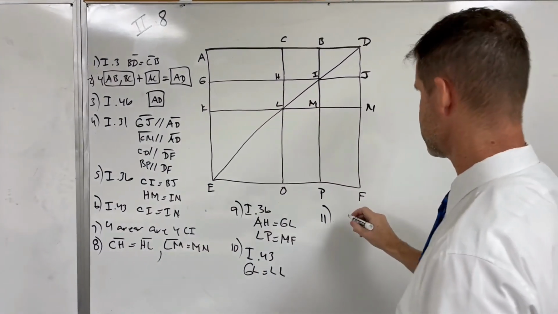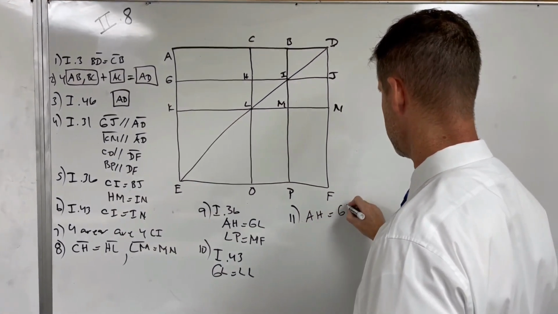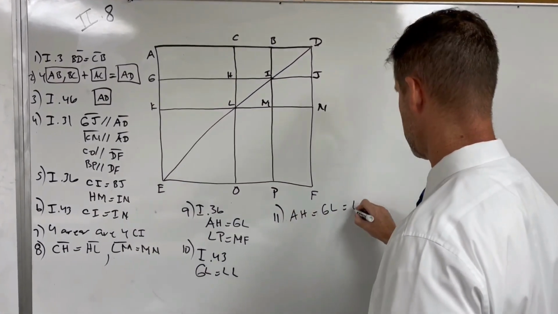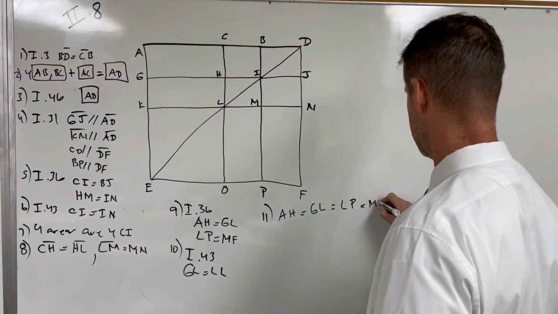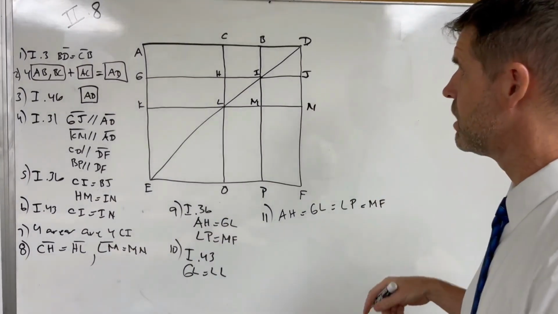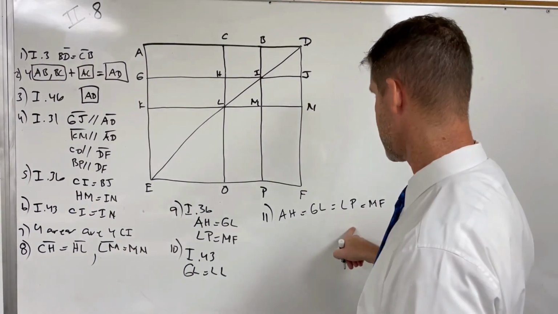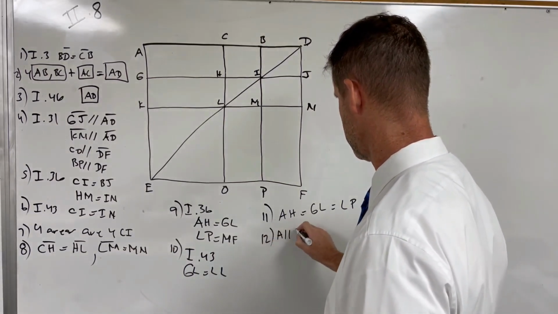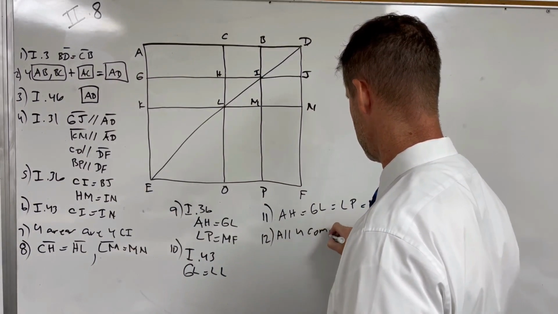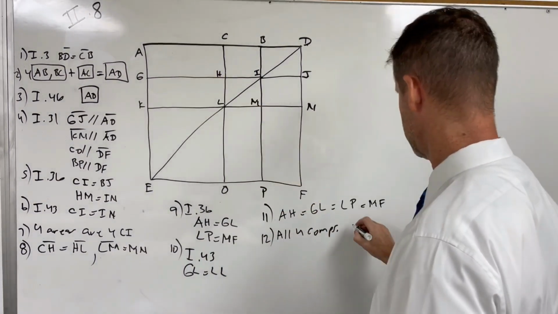So we'll write that up in step 11. So we can say that AH equals GL equals LP equals MF, which means that all 4 of them together are 4 times one of them. So all 4 complements are 4 times AH.